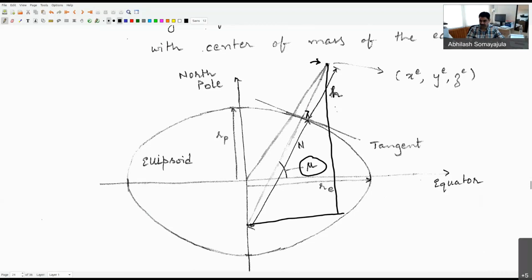Yes, sir. So what is the vertical extent and what is the horizontal extent is what I want, right? Especially from this point is what I want.